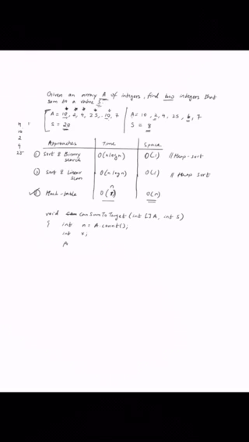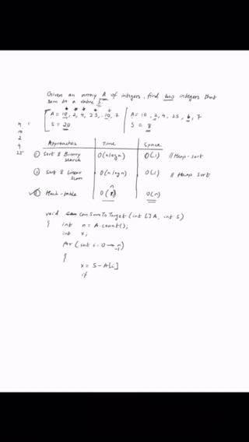I would iterate through this array, going from 0 to n minus 1, not n. Let's say x is the difference, which is S minus A of i.